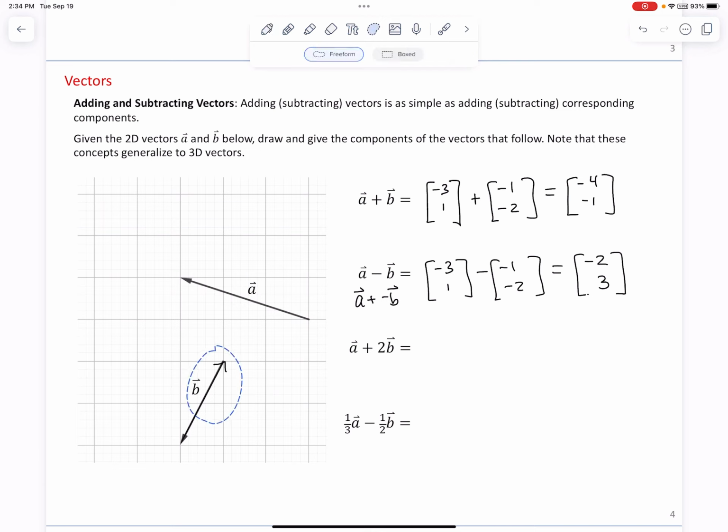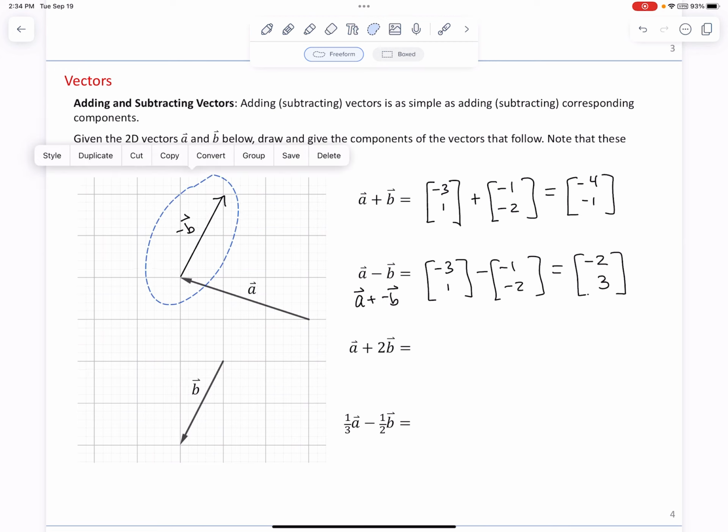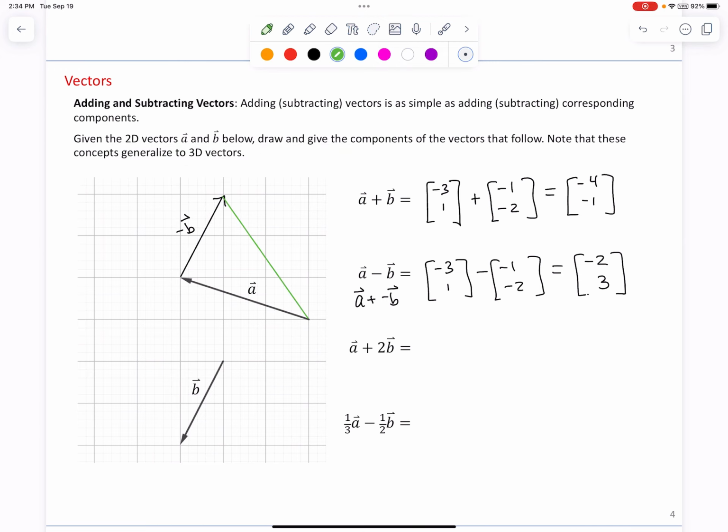So I'll make vector -b, and then originate this vector at the head of vector a. Connect the tail of vector a to the head of where the negative of vector b currently is, and we have the vector a minus b. Notice the components of the green vector would be left 2, followed by going up 3. So -2, 3, which is exactly what we got when we subtracted the components.